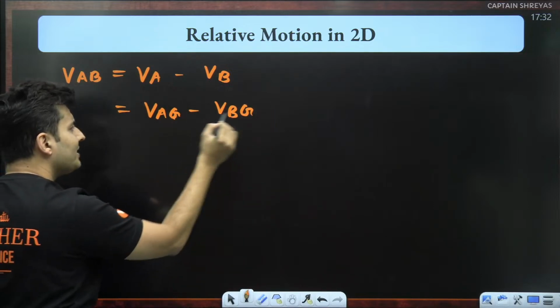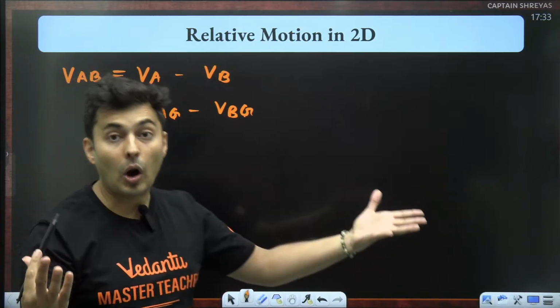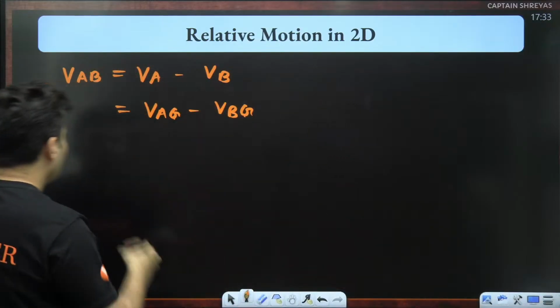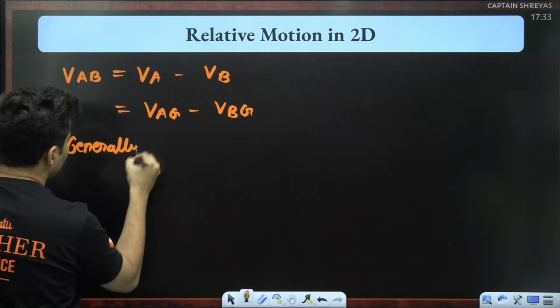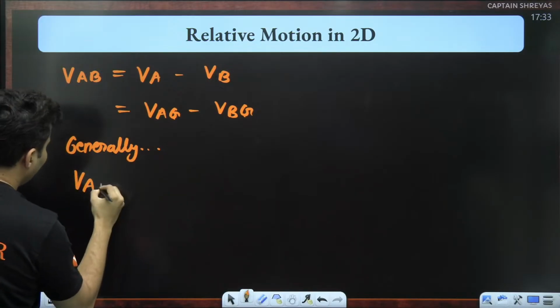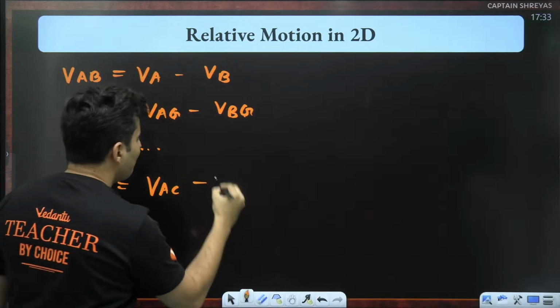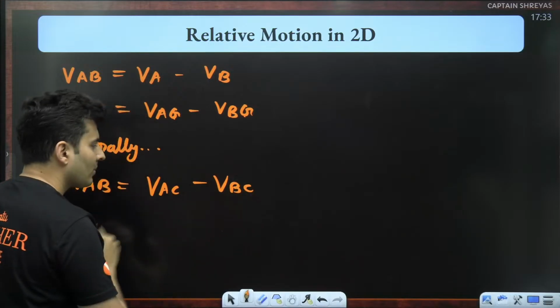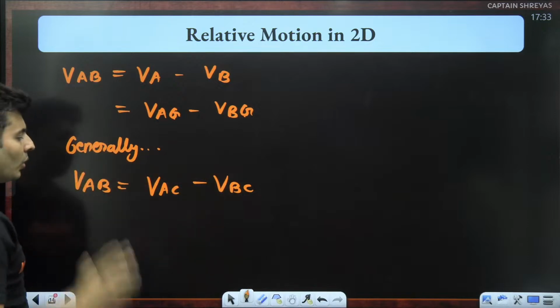But if this G is replaced with some other alphabet or some other object or some other frame, how does it matter? So generally speaking, can I also say VAB will be VAC, C is something, I don't care, minus VBC. This C and this C should be the same. As long as they are the same, I am okay with it.